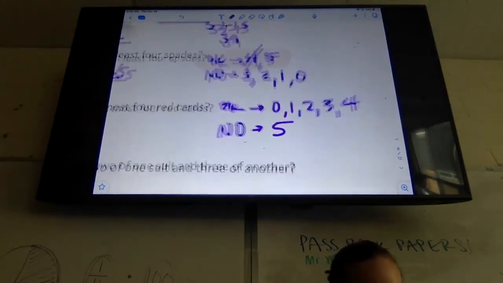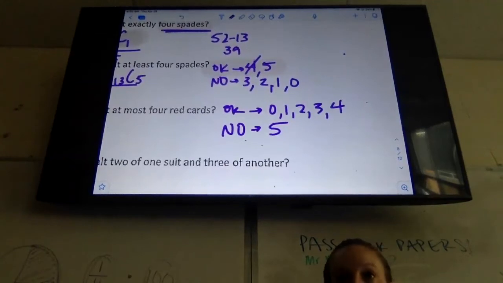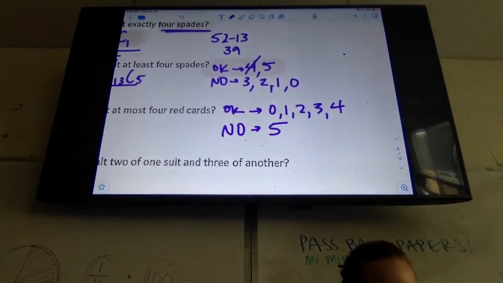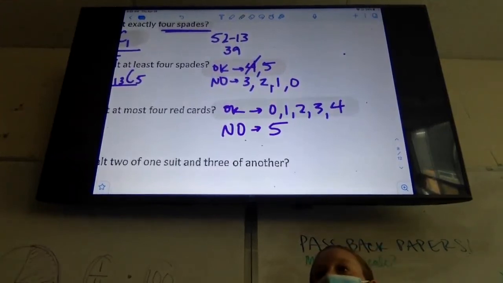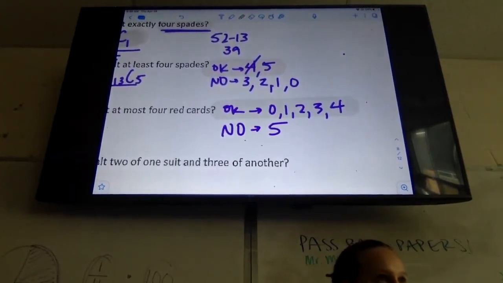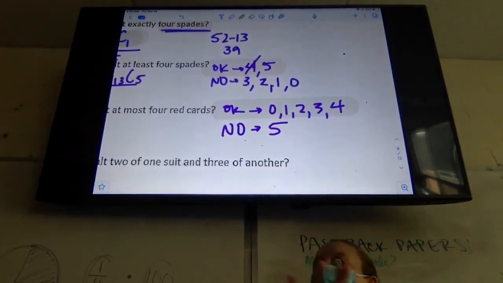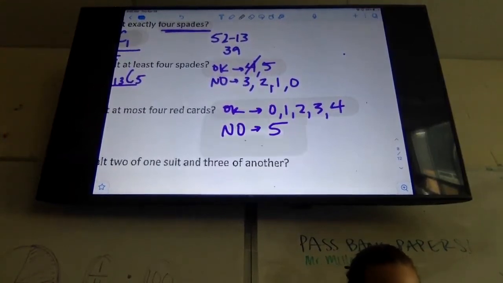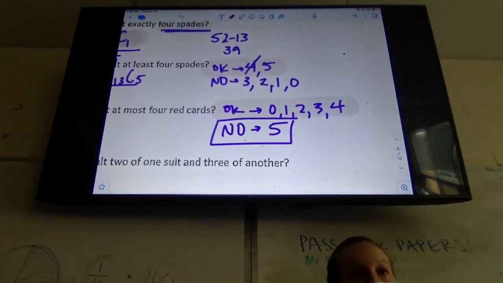Now, like the last one where we did the okays and had to do this hand plus this hand, if we did all the okays here, we'd have to say, what's the probability we get 0 red cards? What's the probability of getting 1 red card? Plus, plus, plus, plus. What if we did instead the no's? What if we just did, what's the chance that we get not a 5?